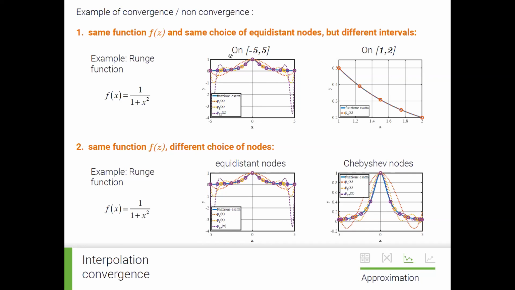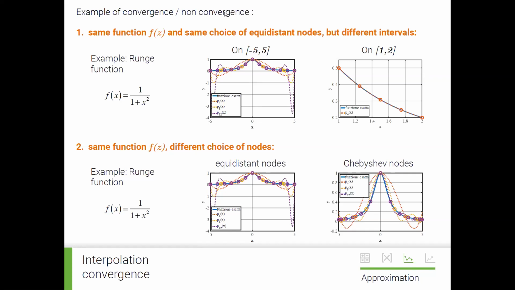In the first situation it is non-convergence; in the second one it's convergence. Is it clear? So it can be different. One example can differ; it depends on your interval also.